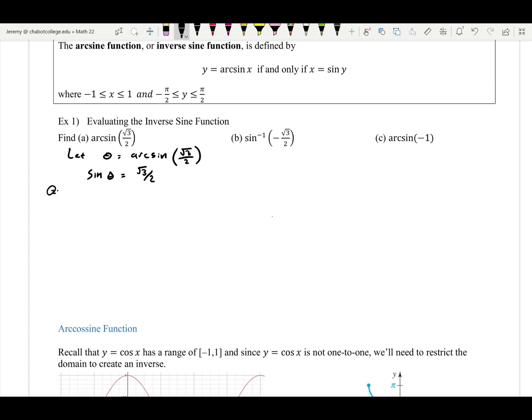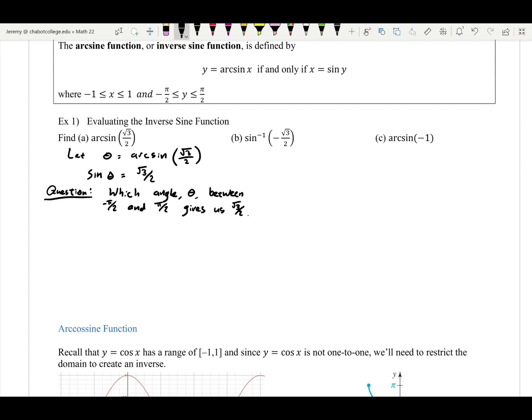The question: which angle theta between negative pi over 2 and positive pi over 2 gives us root 3 over 2 as the sine value.